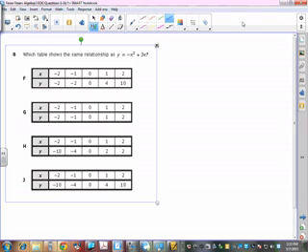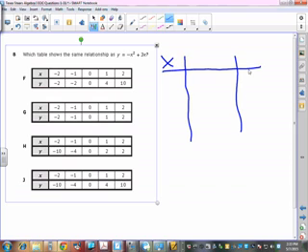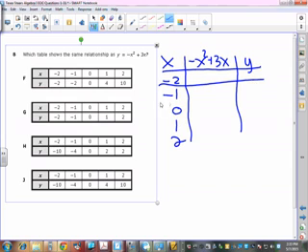Which table shows this relationship? I think what they want us to do is to just plug in numbers and see what happens. They want us to use these numbers for the domain, and plug in.